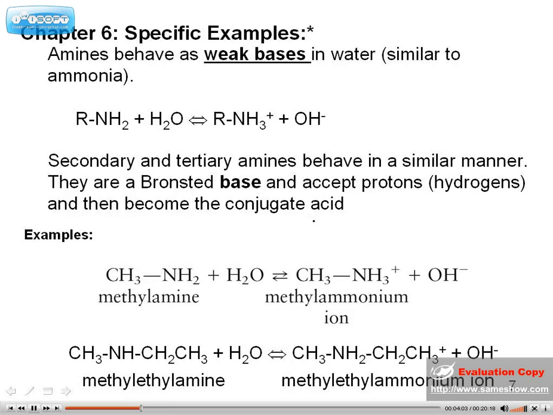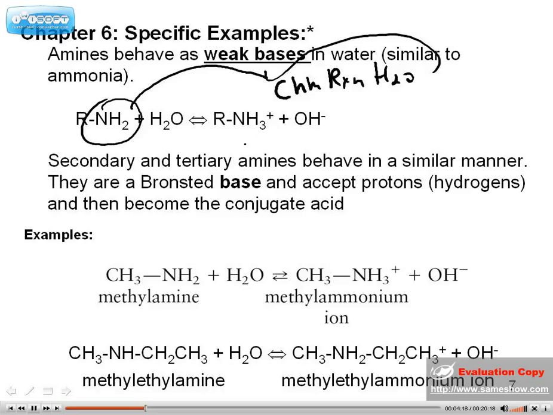Now, it turns out that you can have actual chemical reactions with water. So it turns out, let me say that again, amines can have chemical reactions with water. Not all of them will do this, just a few of them. But what will happen is, if I were to break up water into an easier form like this, the hydrogen would go ahead and attach to the lone pair on the amine.